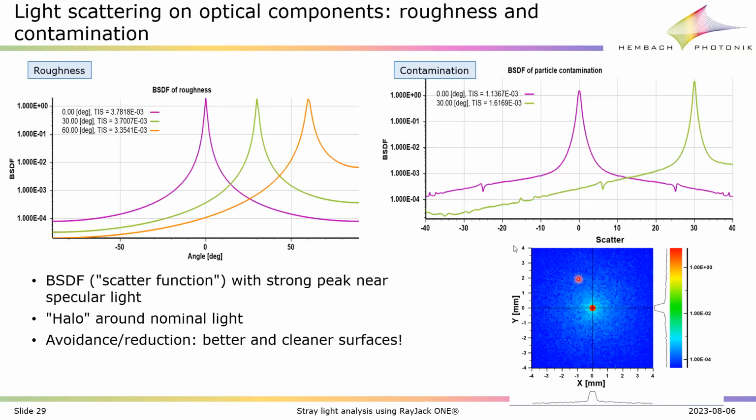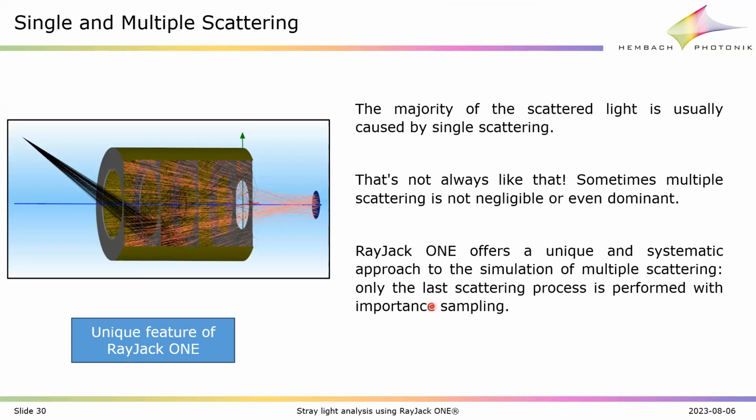Both create a sort of halo around the nominal light and can be quite harmful in optical systems. Often stray light is driven by this effect. The avoidance and reduction can be achieved by better and cleaner surfaces, which may cost quite a bit.